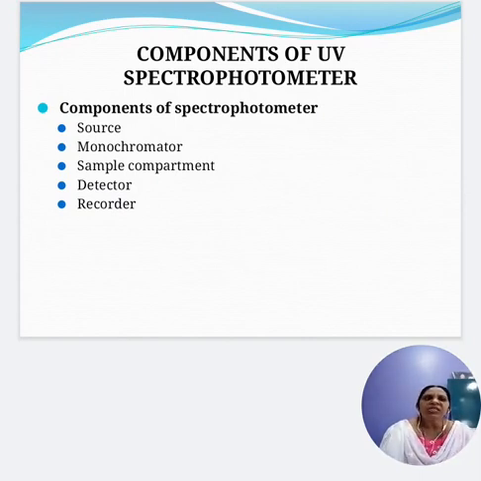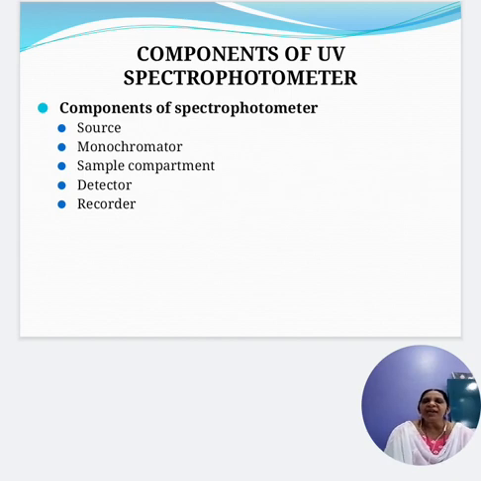Then, components of a spectrophotometer. What are the components of a spectrophotometer? As we have seen in the first figure which we have observed, we have a light source. Then we have a collimator. We have the dispersing medium. Then we have the sample. Through the sample, when the radiation falls, you have a detector, a photodetector, then a recorder.